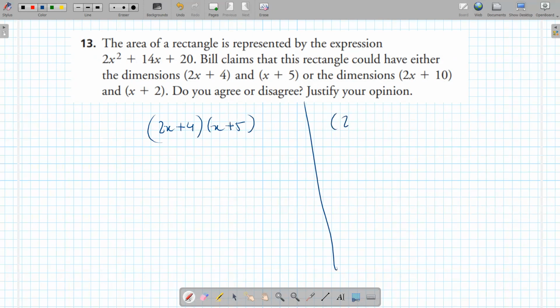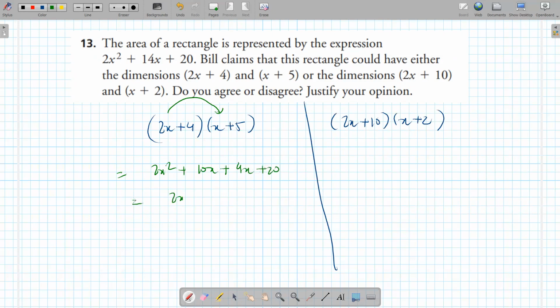That's the first possibility. This is the next possibility. Let's open the bracket. What do you get here? Open this bracket. 2x squared plus 10x plus 4x plus 20, right?